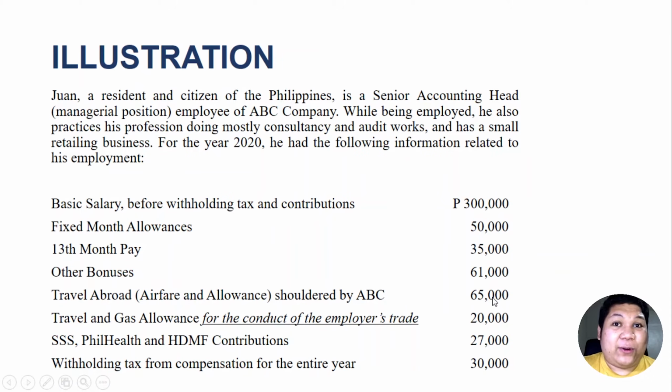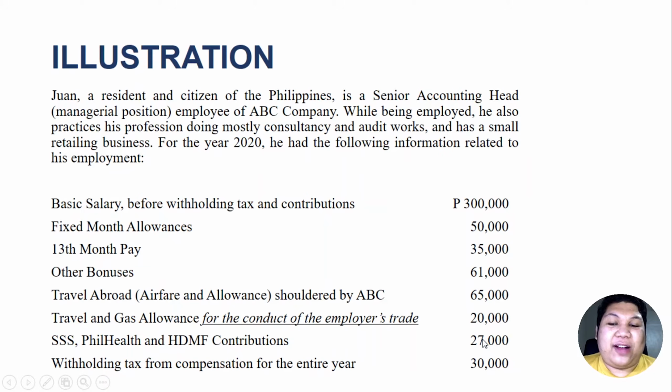If you are going to compute the fringe benefit tax, we will divide this by 65% and multiply by 35%. But since our focus in this video is how to compute his annual income tax, we will just ignore this because it is subject to fringe benefit tax. If Juan were a rank and file employee, this would form part of the 13th month pay and other benefits subject to the limit of 90,000 pesos. But since Juan is a manager, we will subject this to fringe benefit tax.